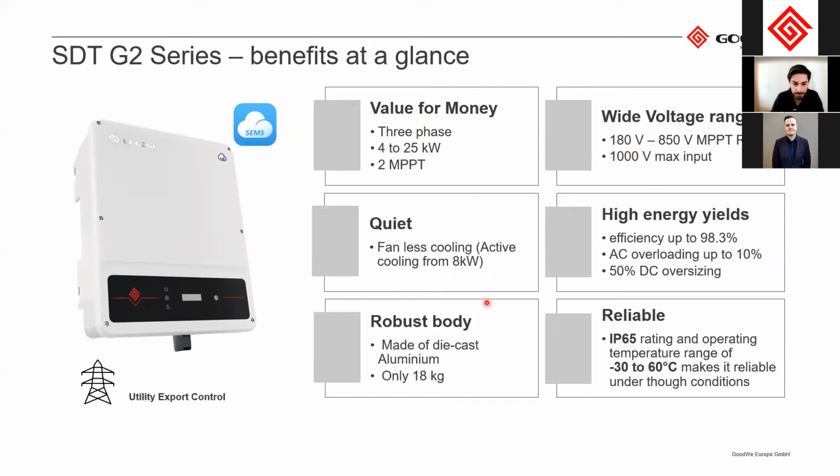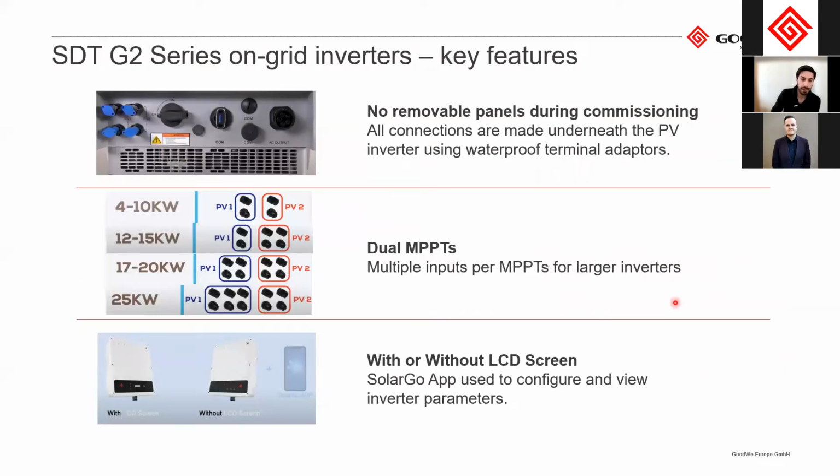And as I said before, it's fan cooled from 8 kilowatt and onwards. As with all of our residential and C&I inverters, they can handle temperatures between -30 and 60 degrees Celsius. Here you see the bottom side of the STT-G2.